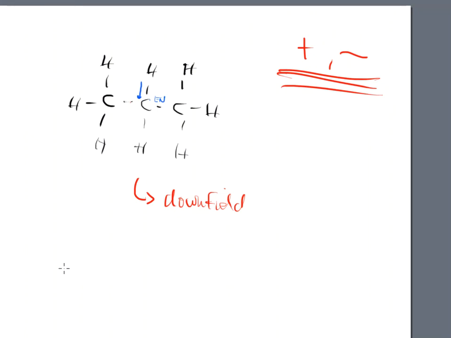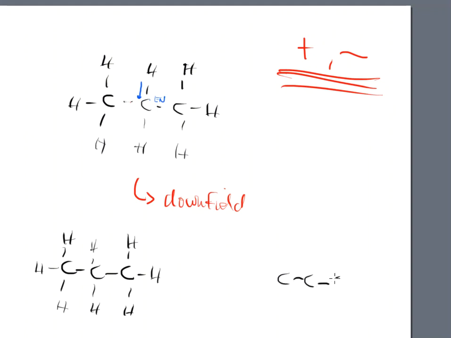Well, let's compare that to another type of molecule, and let's look at a CH3 group instead. Then we'll need another type of molecule that's similar but a little bit different, where it's just one carbon that we're focused on, not three.